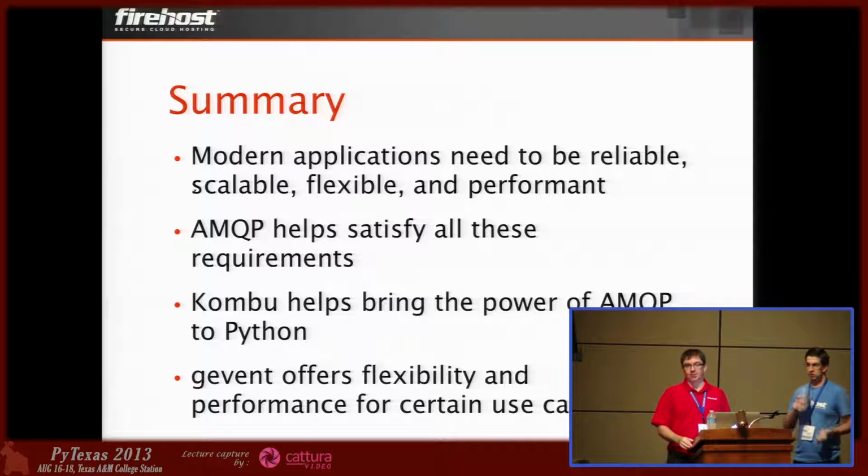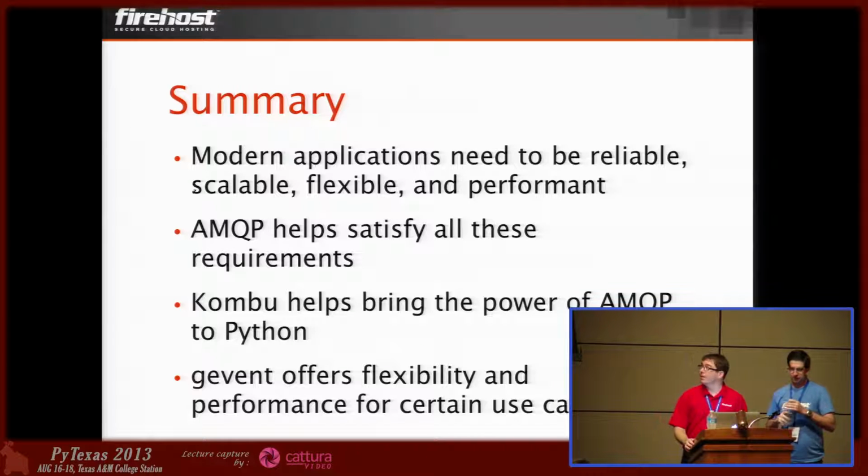Nobody wants to write slow and clunky applications, but these technologies help us make applications that satisfy all of these needs. In particular, we find that AMQP helps us solve a lot of these requirements. We'll elaborate on what nice things AMQP gives us in later slides.